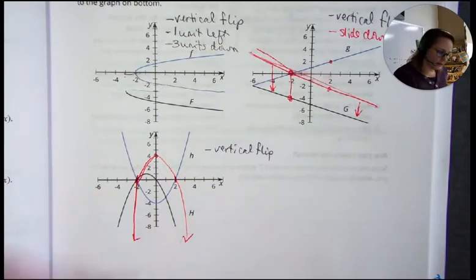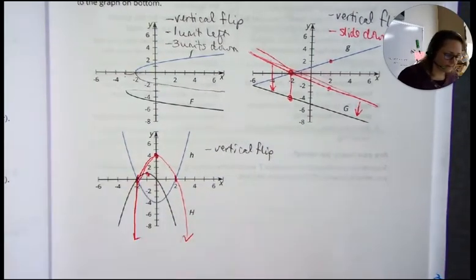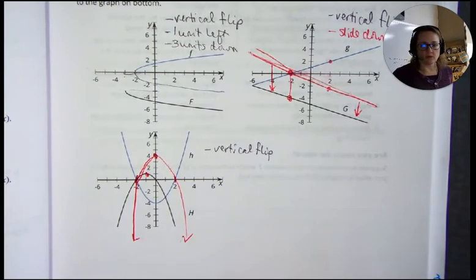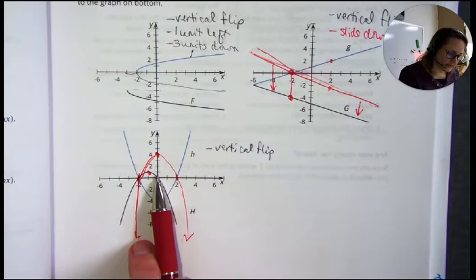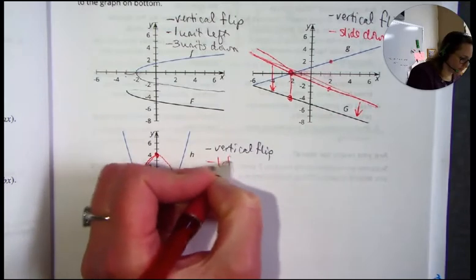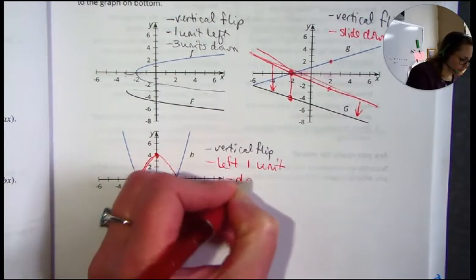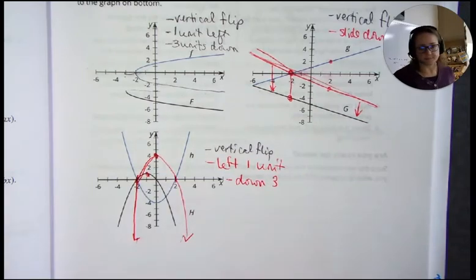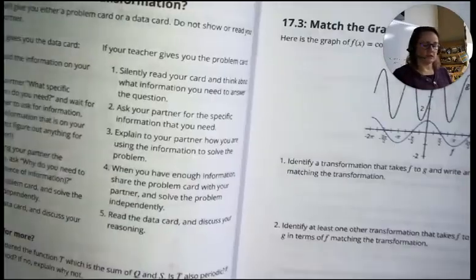And from there, I need to move that vertex, which would mean moving it down 3 units and to the left 1. So a nice refresher, just looking at those functions.